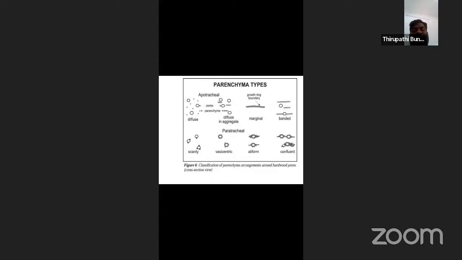Apotracheal shows different types, diffuse and growth ring boundary. But in paratracheal: scanty, vasicentric, aliform and confluent. These are the different types of parenchyma.